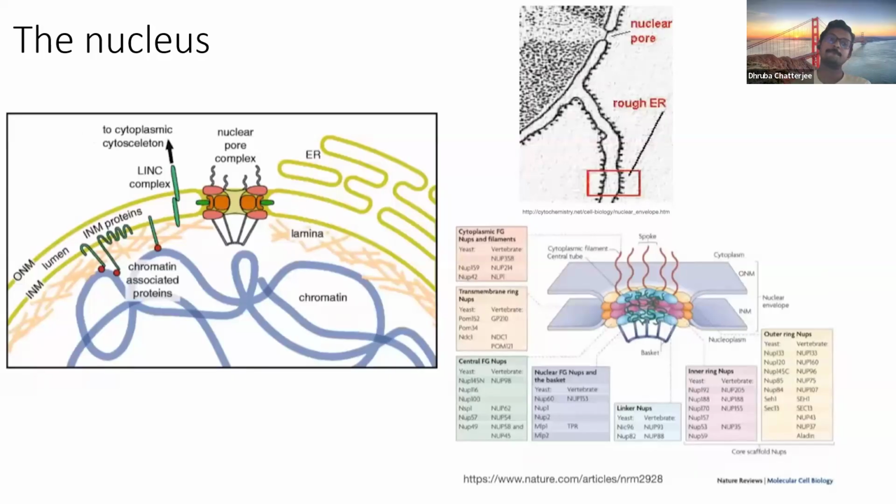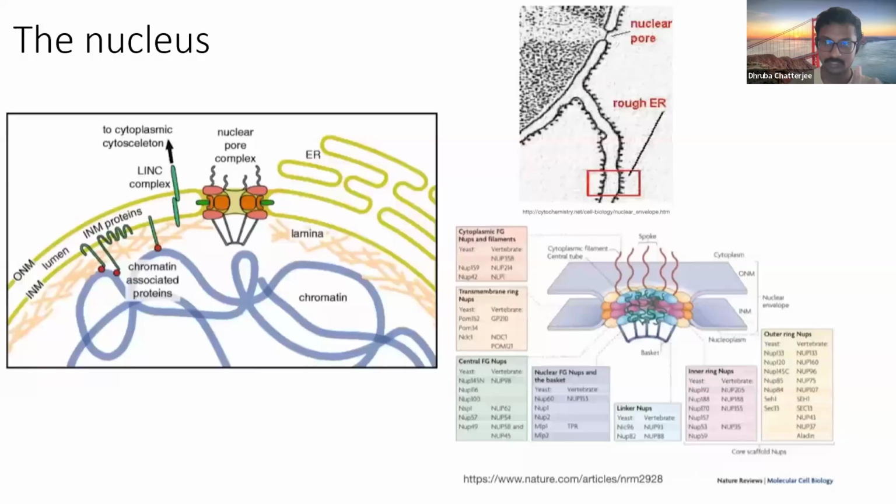And apart from that, as you can see already, there are several of these inner nuclear membrane proteins which also play an important role in anchoring the nuclear membrane to the nuclear cytoskeleton, as well as many of them bind chromatin associated proteins.